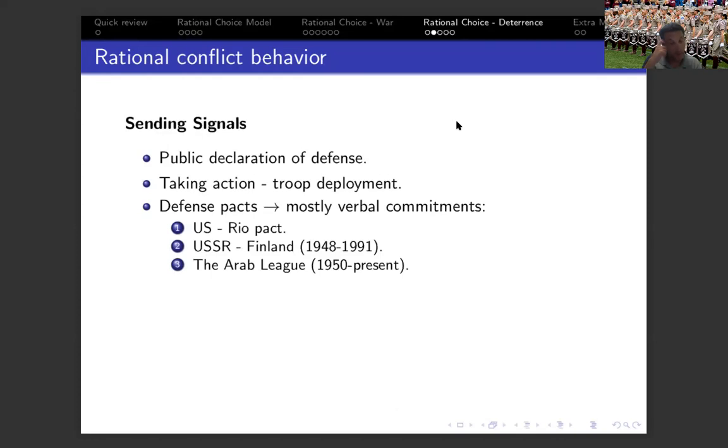For example, the commitment that the US has within the Rio Pact, which is to the nations in South America. Similar types of agreements are what the Soviets had with Finland during the Cold War, or the Arab League, which exists from the 1950s until today. So there is a verbal commitment to come to the help of an ally, but there are no Egyptian troops stationed in Jordan, for example.